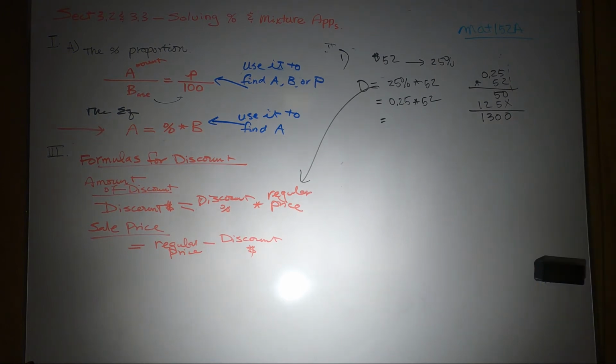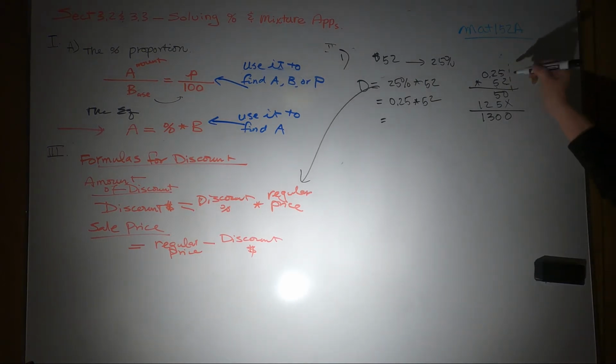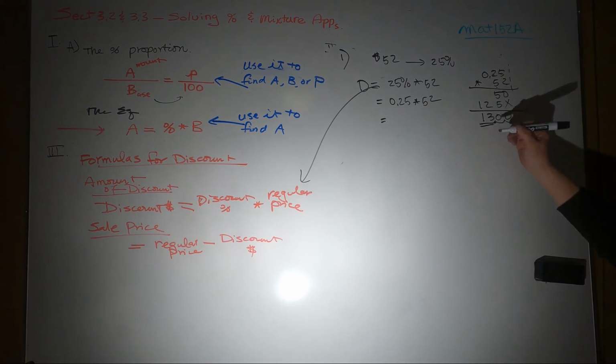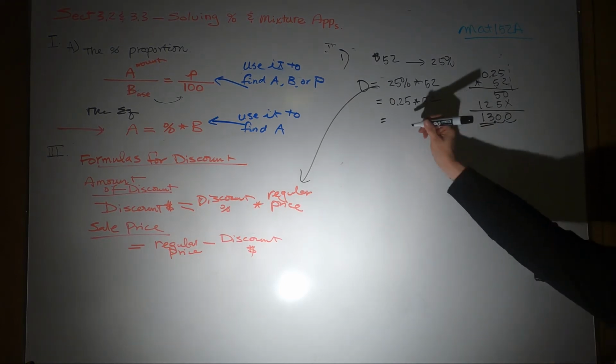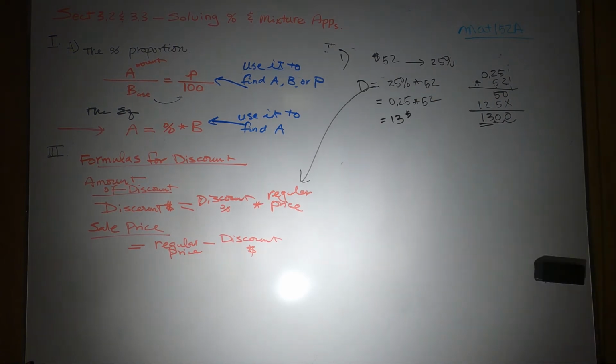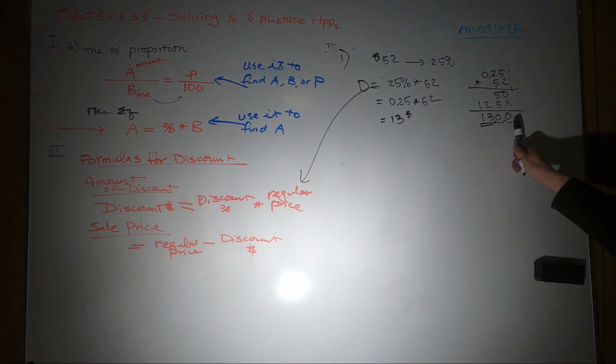Then how many decimal places do you need in total? Here is 2, here is none, so total is 2. You move the decimal here. So the number you are looking for is $13 for the discount. But you need to know how to do the decimal multiplication.